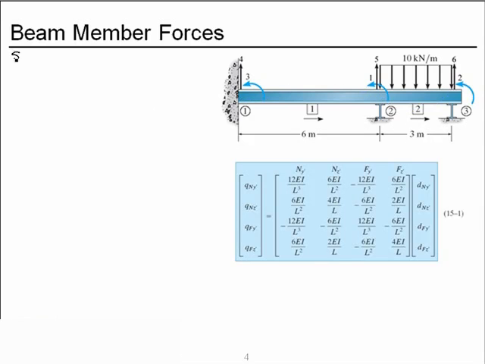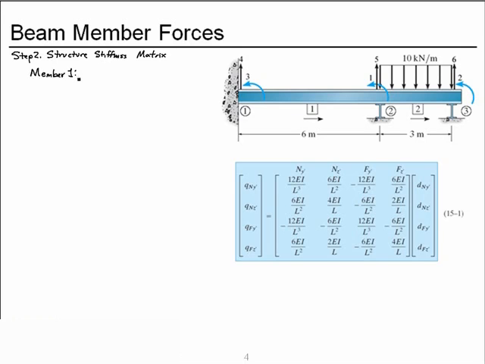Now we're ready to begin the stiffness method. And we do that by assembling the structure stiffness matrix. To do that, however, I need to first obtain the member stiffness matrices.